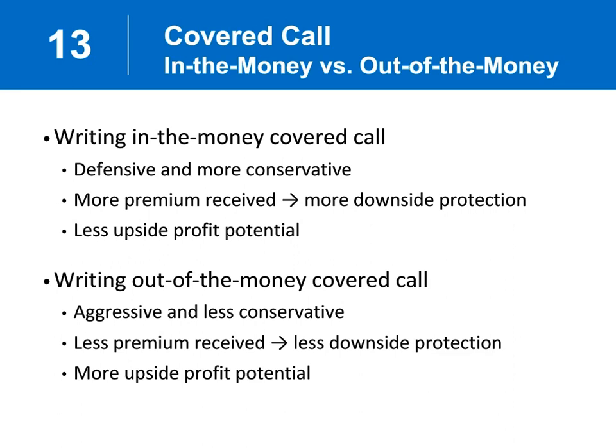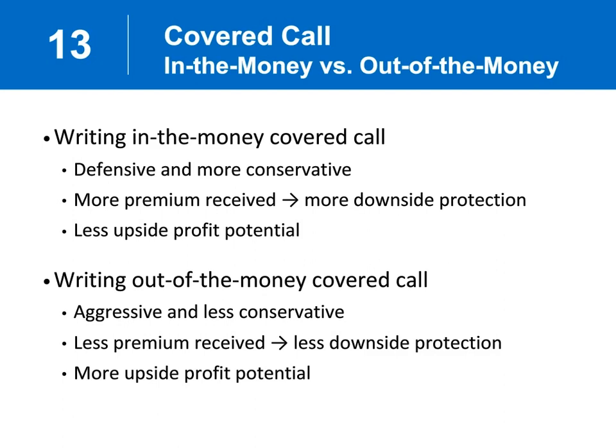So you take in more premium. You may have less upside profit potential. That can vary a little bit, but you do have more downside protection, because in the monies always cost more than at or out of the money calls.